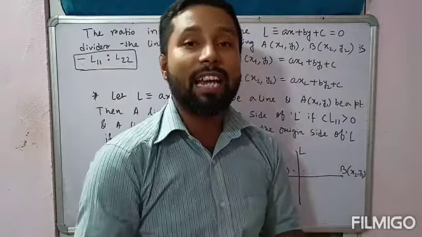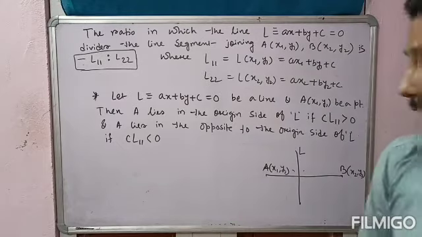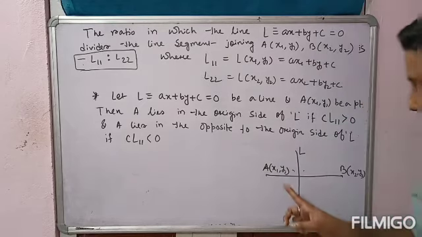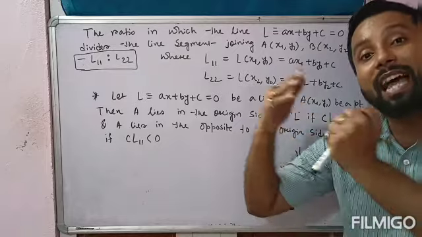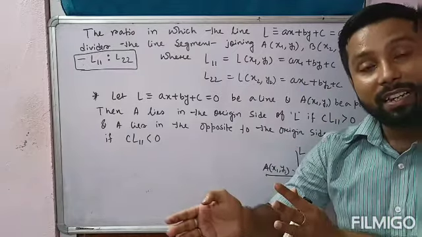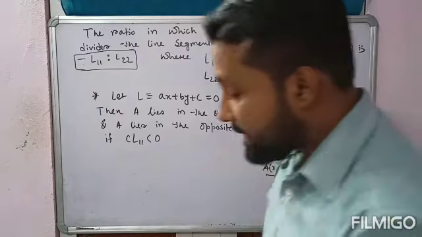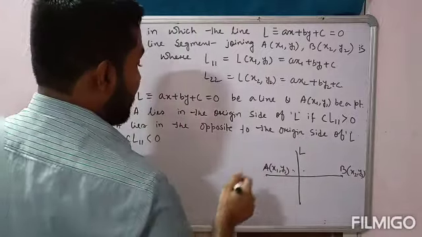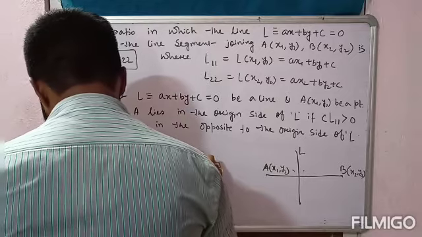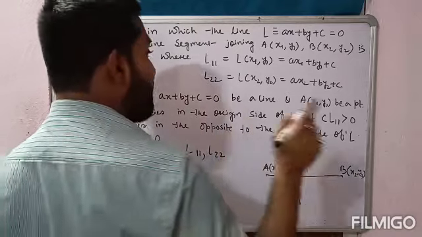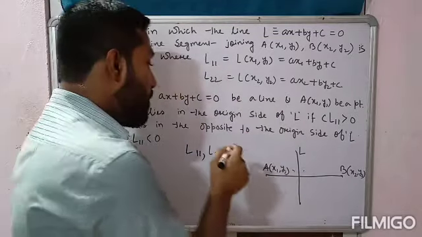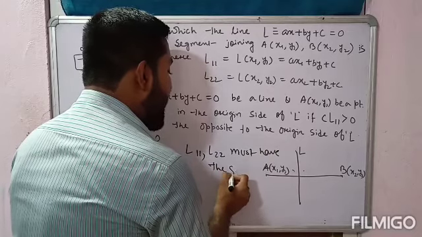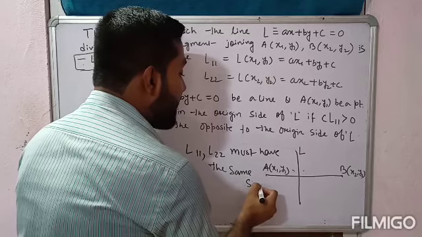So अगर A और B सेम साइड में होगा तो फिर रेशियो क्या होगा? देखो, look, listen, if the points A and B are on the same side of the line L, then L11 and L22 must have the same sign. Must have the same sign.